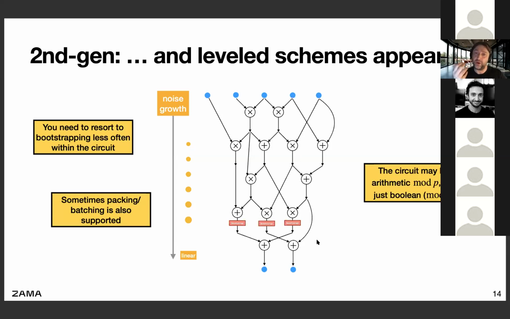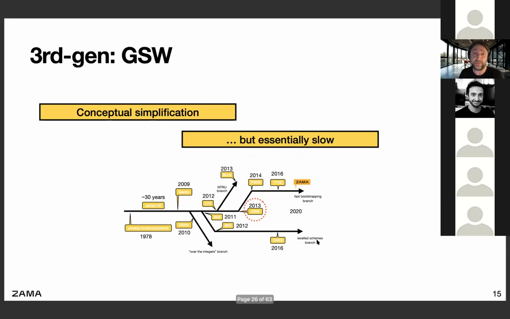Another one was that instead of having to manipulate bits, you can manipulate modular integers, modulo something bigger than 2, like 5, or not even necessarily a prime number, but something bigger. This allows for computations with bigger moduli.